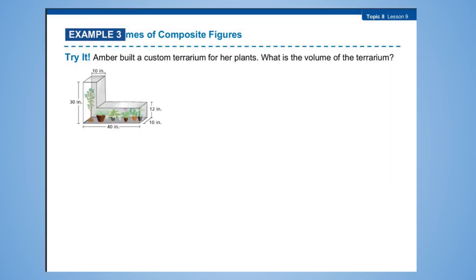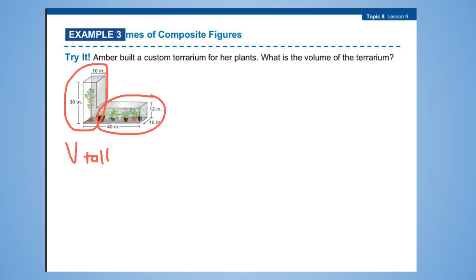This is the try it on the bottom of page 489. Amber built a custom terrarium for her plants. What is the volume of the terrarium? Now this is a composite figure. When I'm looking at it, I see a tall rectangular prism and I see a wide rectangular prism. So it doesn't matter which one I do first. I'm going to do the tall one first.